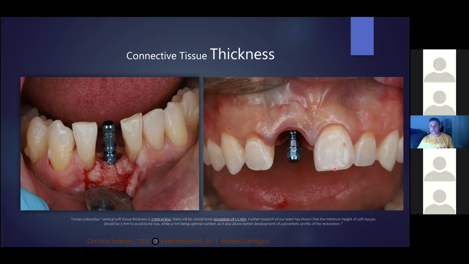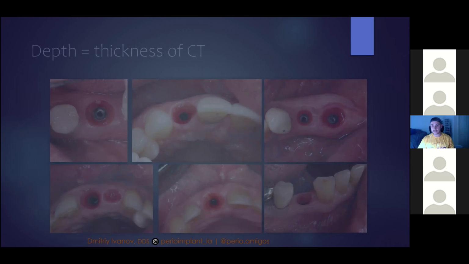So when you're placing an implant, you should always place your implant relative to the depth of soft tissue thickness. Obviously, in the aesthetic zone, it's relative to also the gingival zenith, but anywhere else in the mouth, it's always going to be relative to thickness of soft tissue. So you have to place your implant.